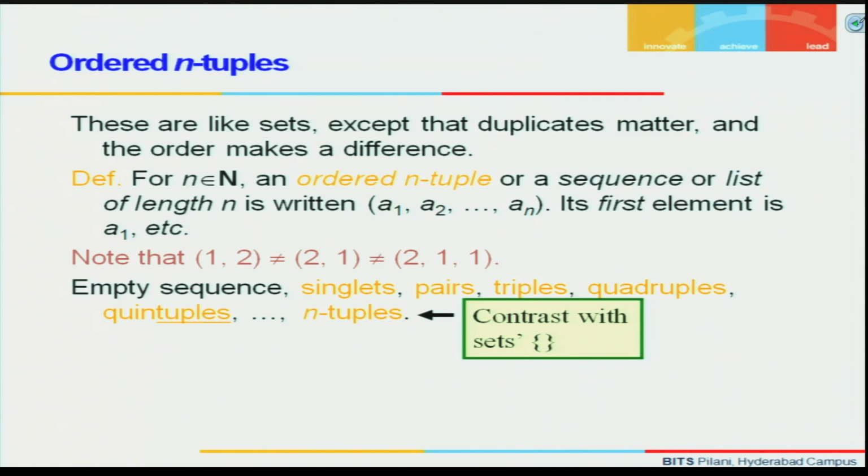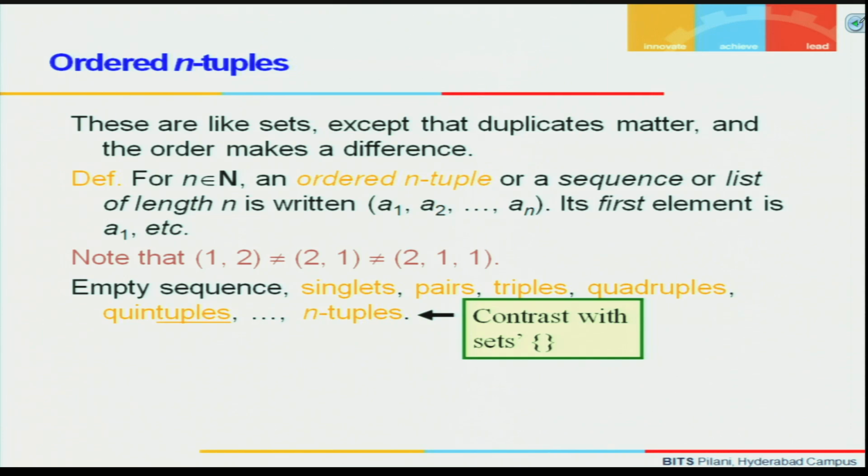Ordered n-tuples. You should know these n-tuples from when you study Euclidean geometry and all those things. They are all tuples basically. They are nothing but sets. The only difference here is that there is an order working on the elements of the set. You can say this is the first element, this is the second element, this is the third element, this is the fourth element.